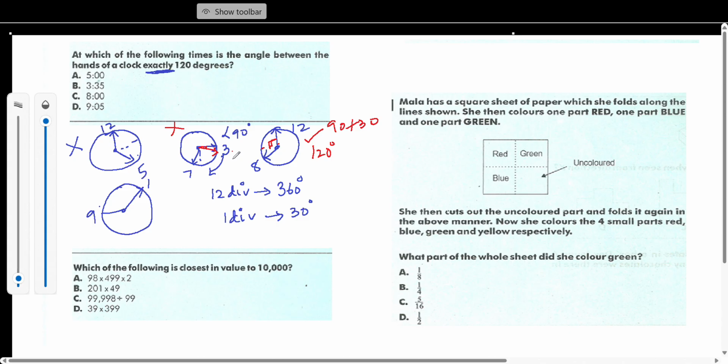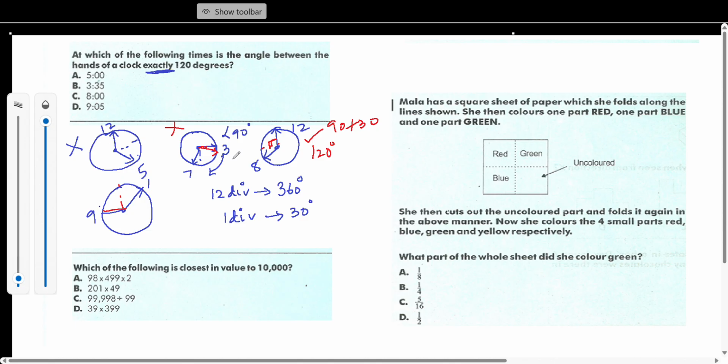Here again, for 9:05 at 9, it is exactly 90. When the minute hand moves 30 degrees to division 1, from 9, this short hand also would have moved a little. Although it is a very, very small value, it's obviously not exactly 120. That is the significance of this word in the question.